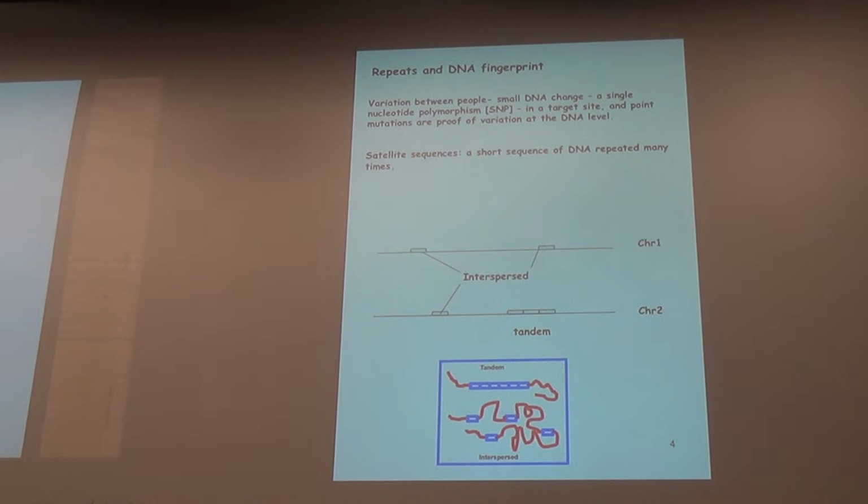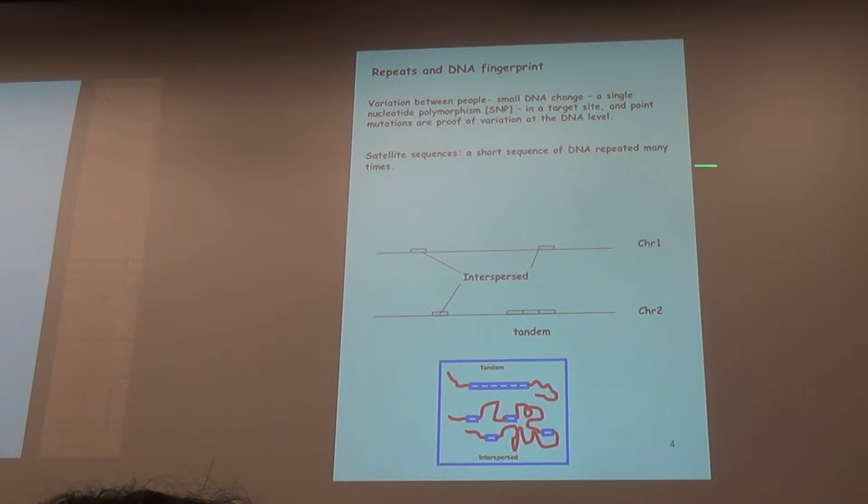There are sequences in the genome called satellite sequences. These are short sequences that are repeated many, many times in the genome, and you can imagine these repeats being interspersed, i.e. spread out throughout the genome.